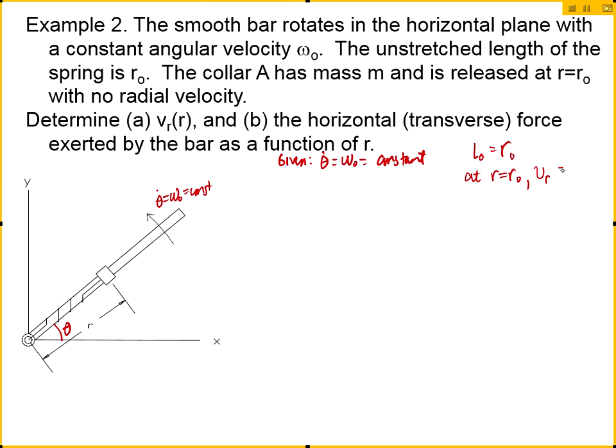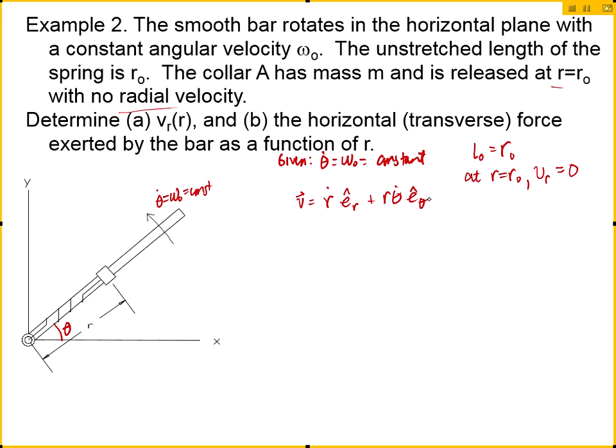What do we know? The radial component of the velocity is 0. I'm just trying to translate this. What is the radial component of the velocity? Give me the expression for the velocity in terms of radial and transverse. It's r dot in the e_r direction plus r theta dot in the e_theta direction.